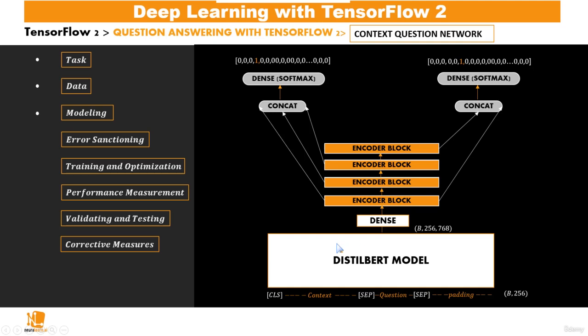Now once we get this, we are using a distilled BERT model whose model size is 768. So what we get as output here would be a tensor of shape batch size by 256, the sequence length, by 768.